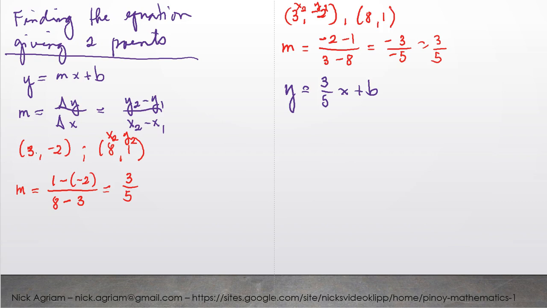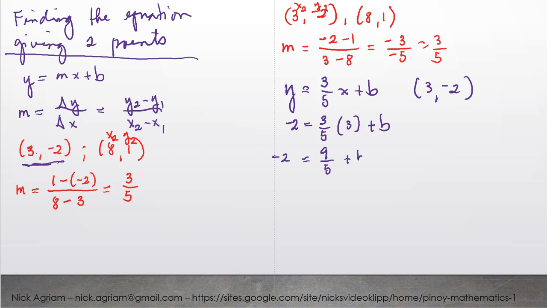So if I choose my point now, 3 and negative 2, the same point that I have here, as my temporary value for x and y, I have negative 2 there, 3/5 multiplied by x is 3 plus b. Then we have negative 2, then we have 9/5 plus b.